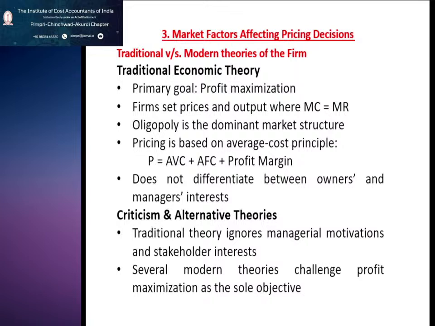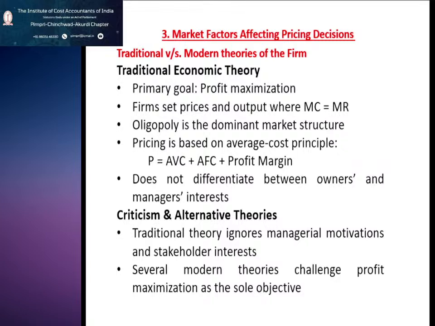To begin with, let's understand the market factors affecting pricing decisions, and in that there is typically a comparison between traditional versus modern theories of the firm. So what is traditional economic theory?